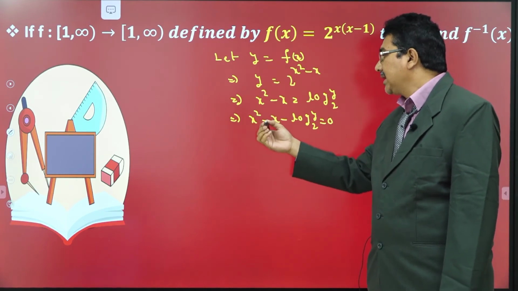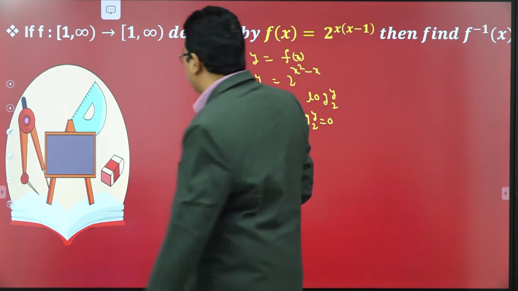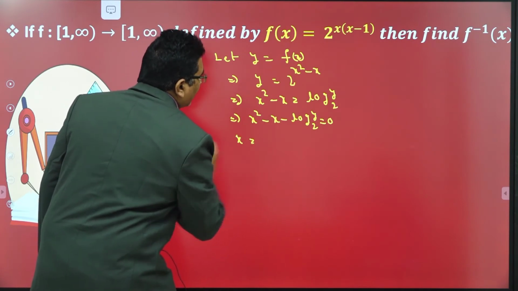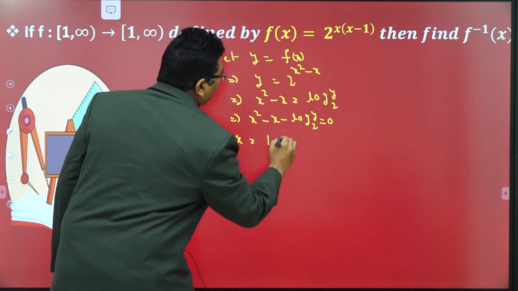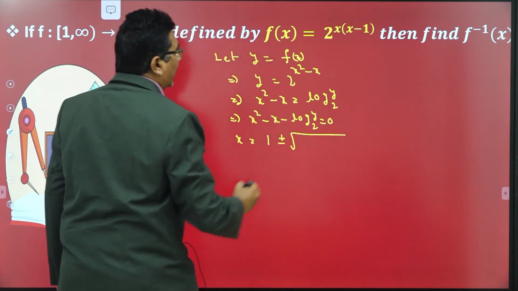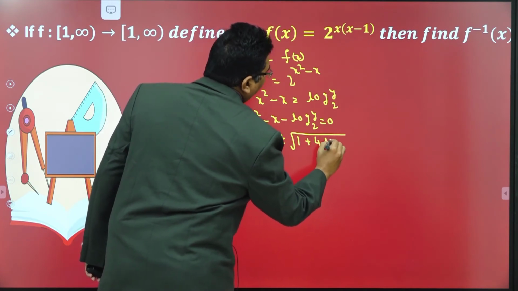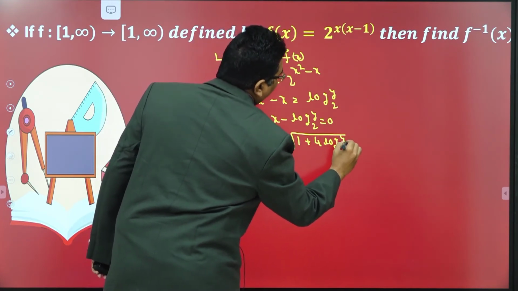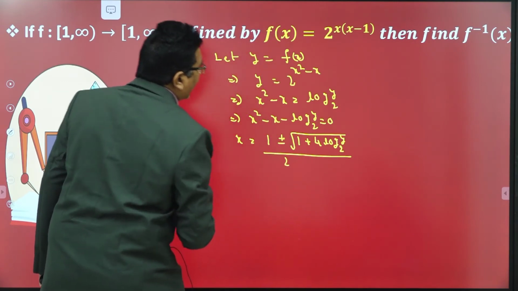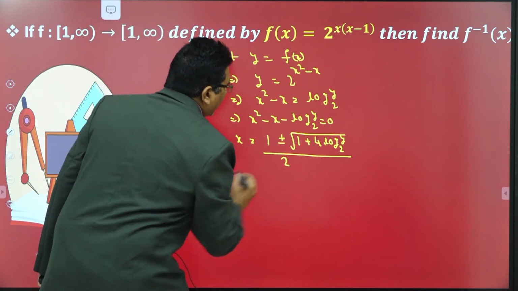The value of x is equal to minus b plus or minus square root of b square minus 4ac divided by 2a, that is equal to 2 into 1, a is equal to 1.